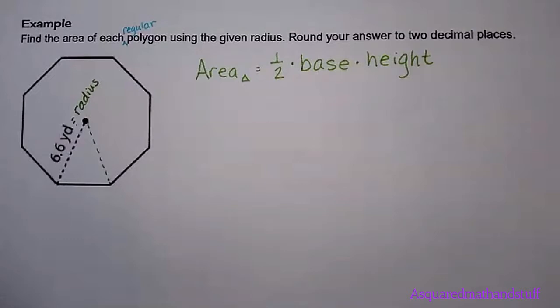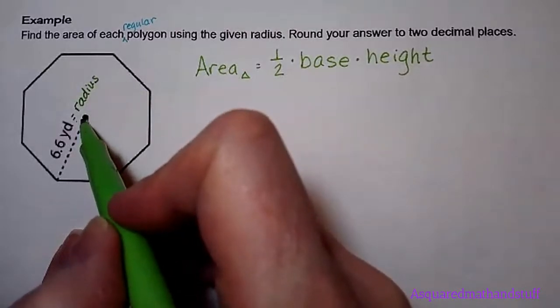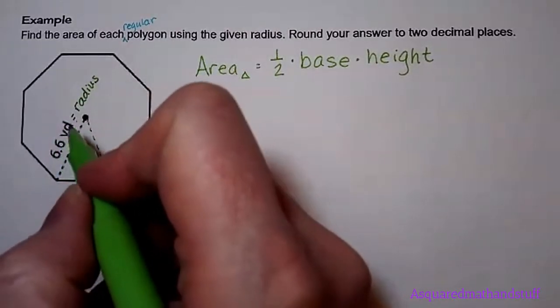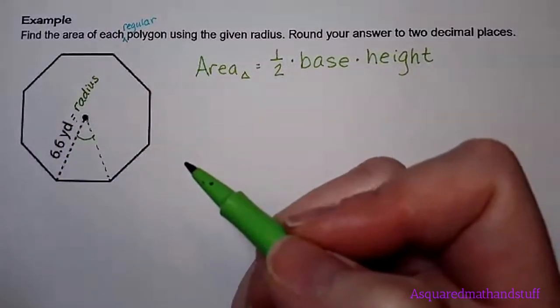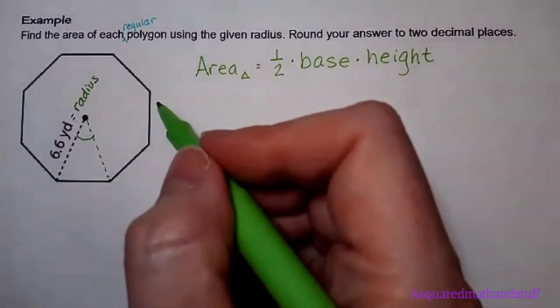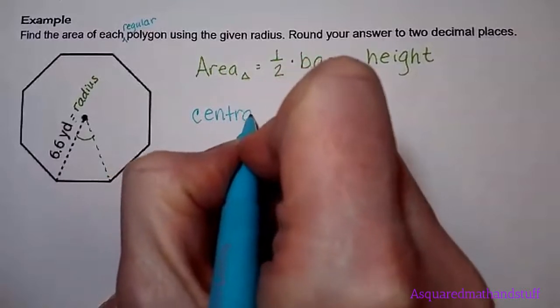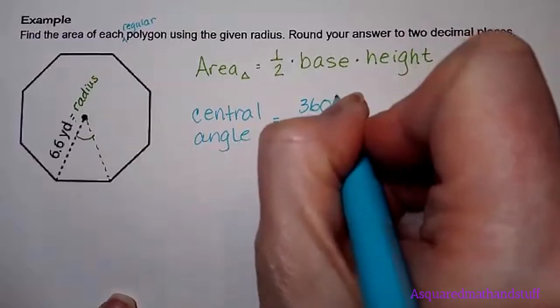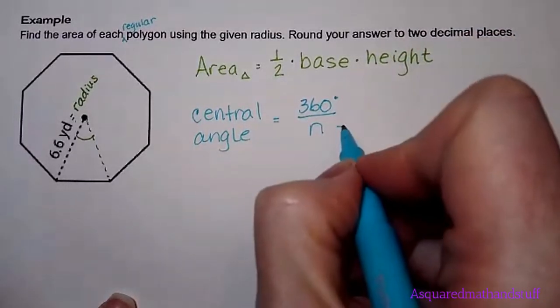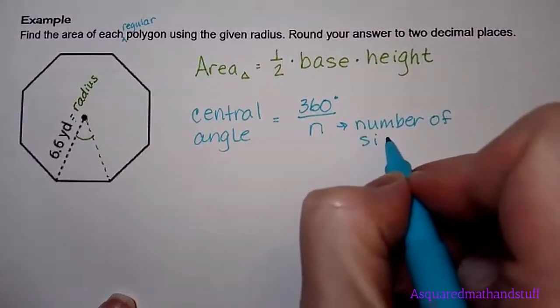And we can figure out the angles that we need by working with the fact that we know the central angle, or the angle that comes off the center of our polygon. So we are looking at this angle here. Our central angle is equal to 360 degrees divided by the number of sides, where n represents the number of sides of our polygon.